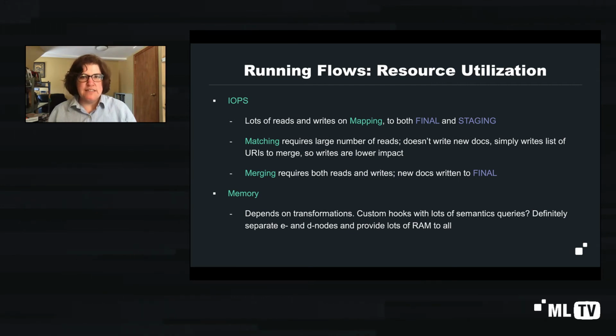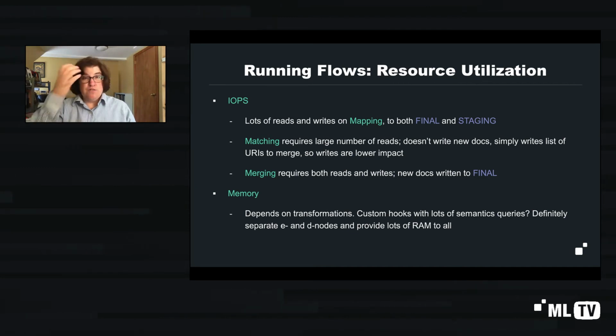It's not doing the merge step and then writing it out. It's writing lists of URIs that need to be merged. So it's a lower impact on writes for matching, but it's a large number of reads, obviously. Merging, the merge step, requires both reads and writes, and the output of that is that the new documents get written to final. So, keeping in mind you're reading multiple docs from staging, writing a single doc to final per operation.